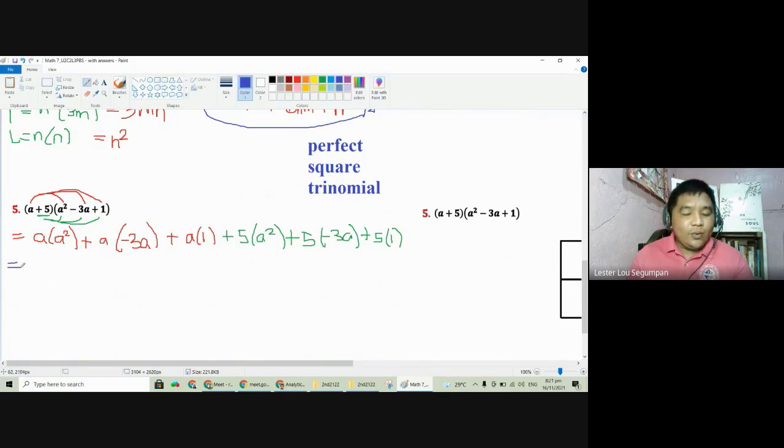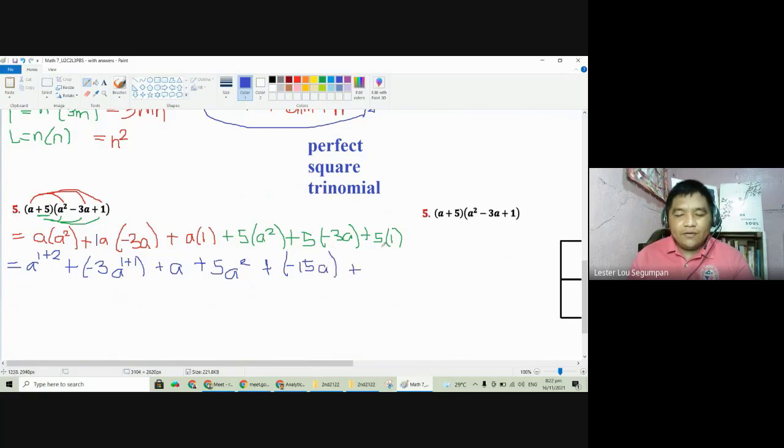Next, let's continue with the application of the correct multiplication processes. You have a here and a squared, so it is actually a to the 1 plus 2. We can add the exponents. Here, plus negative 3, as this is 1 times negative 3, and you have two a's, so 1 plus 1. Here, a times 1 is 1a, or simply a. Next, you have 5 times 1a squared, or 5a squared, plus 5 times negative 3 is negative 15a.